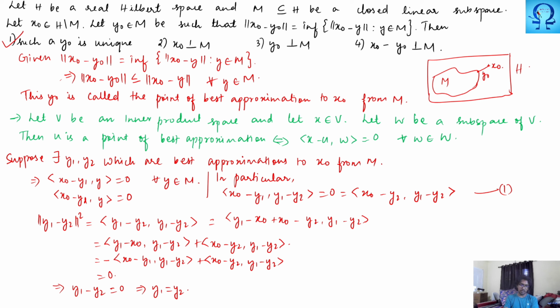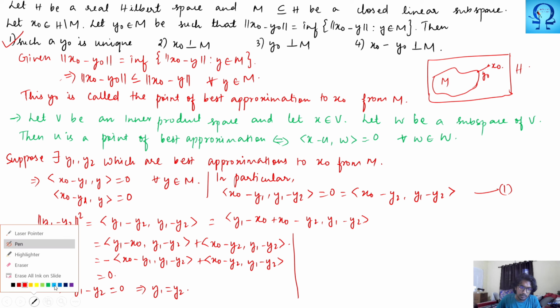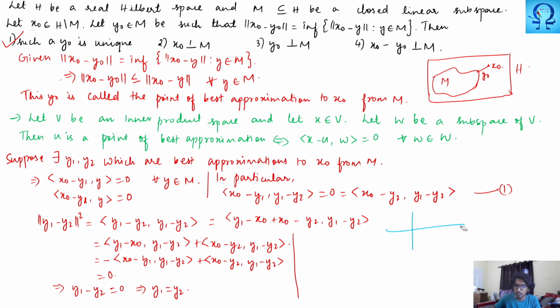Okay, and in option 2 they are claiming this x0 has to be perpendicular to M. Is that so? It means the inner product of this x0 with any entry of M should be equal to 0. Here let us consider an example. Let me consider R2 as an inner product space, and the M that I consider is the positive axis.